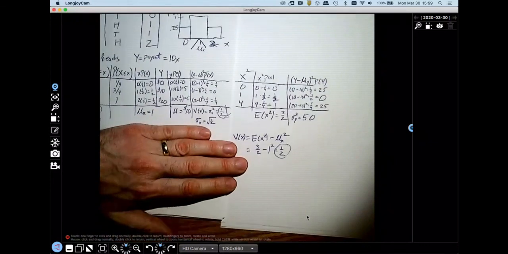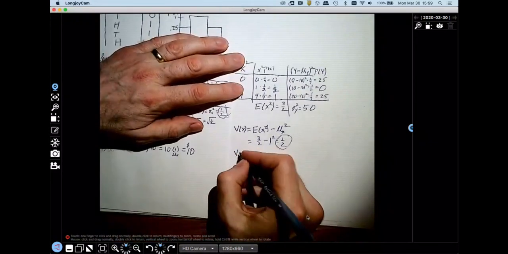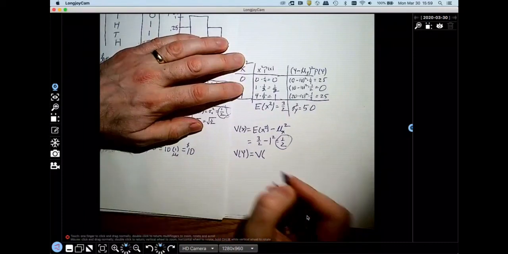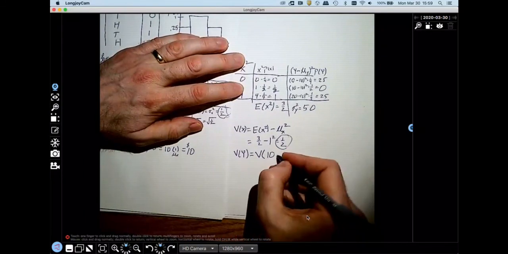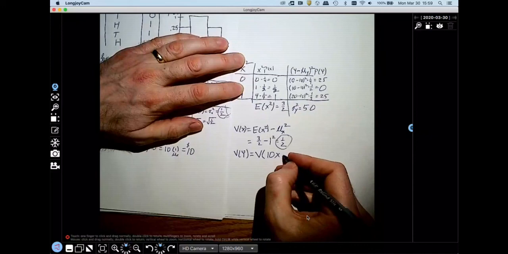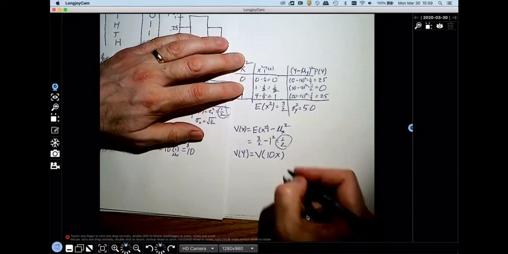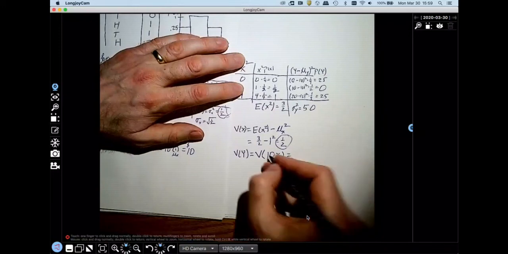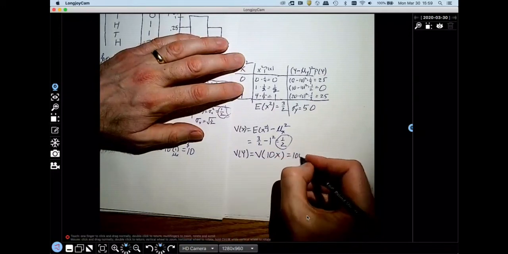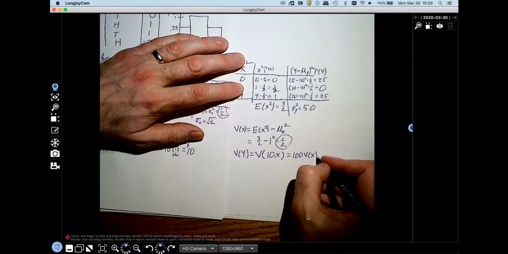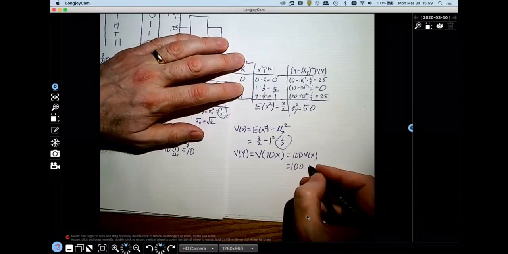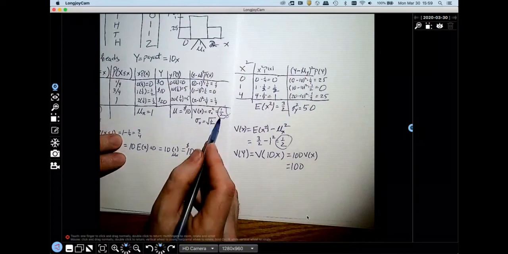Well, according to the formula I had, the variance of y is really just the variance of 10 times x minus 0. We'll just forget the 0. So remember what happens to that 10 when I bring it out? It becomes 100 times the variance of x. So let's see, we have 100. What was the variance of x? The variance of x was 1/2.